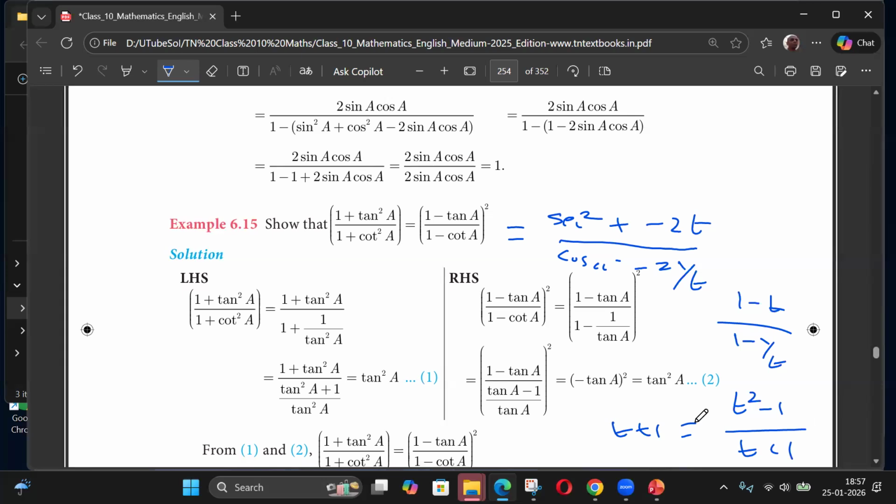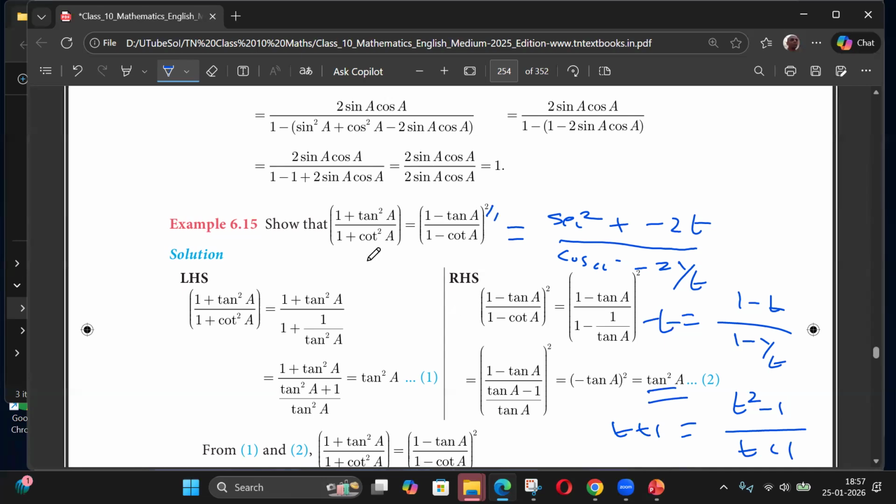I left out 1 t. t minus 1 minus t, what is 1 by t, t minus 1, minus 1, that is cancelled. I have to square it, rest will become tan square. I have to square this square. So right hand side is tan square.